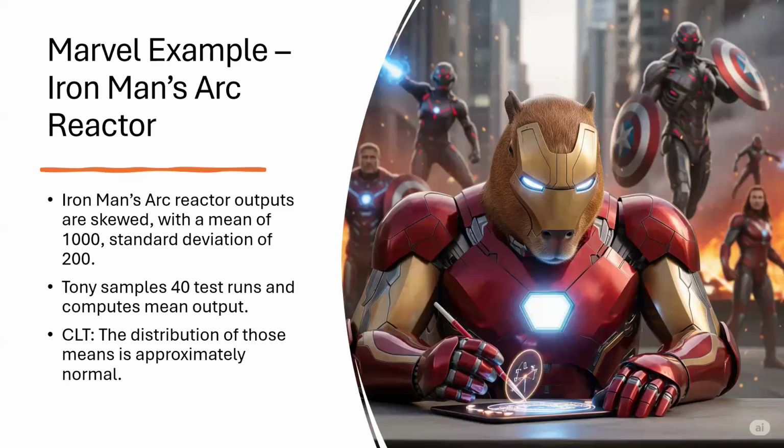According to the central limit theorem, the distribution of these sample means will be approximately normal, even though the individual readings aren't. This is a perfect example of how the CLT helps us smooth out unpredictability and make informed decisions, whether you're tuning a reactor or testing marketing campaigns.